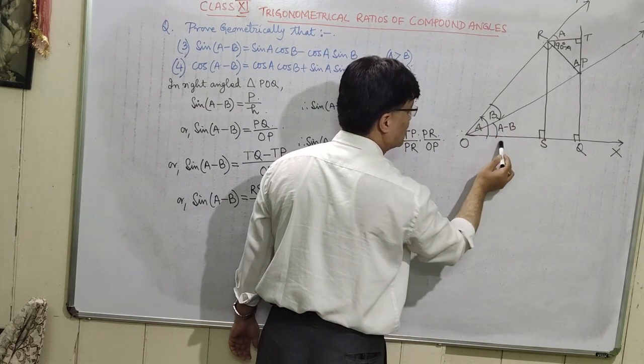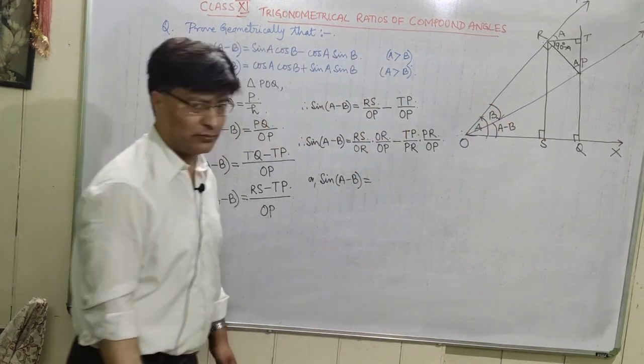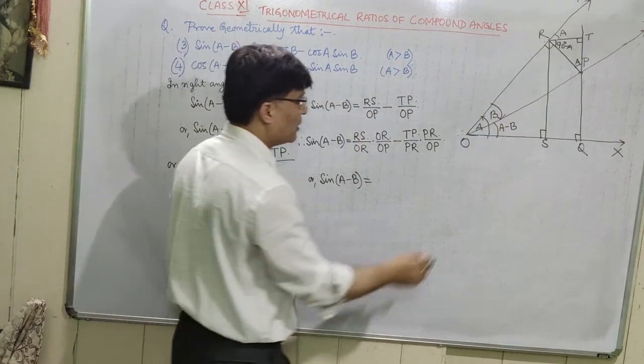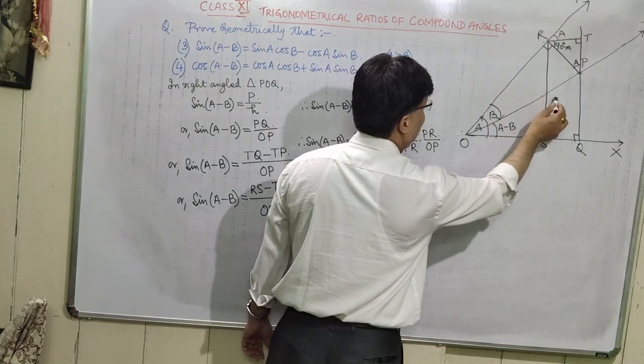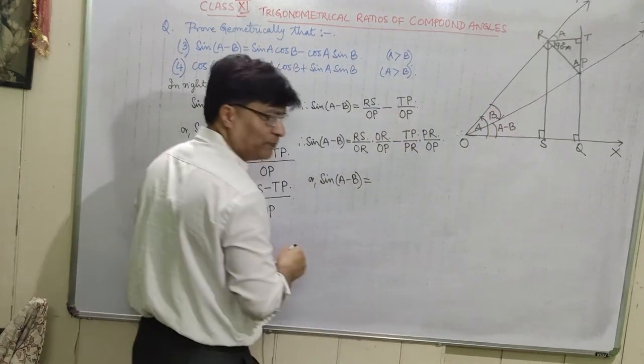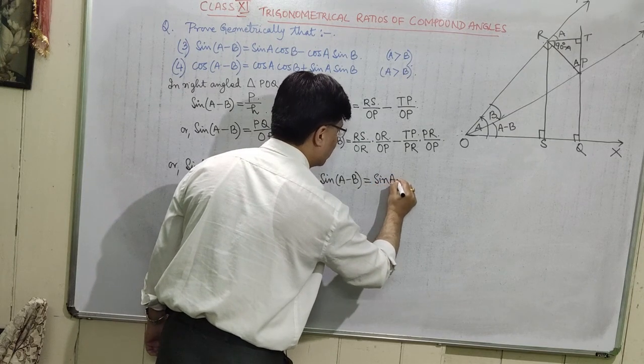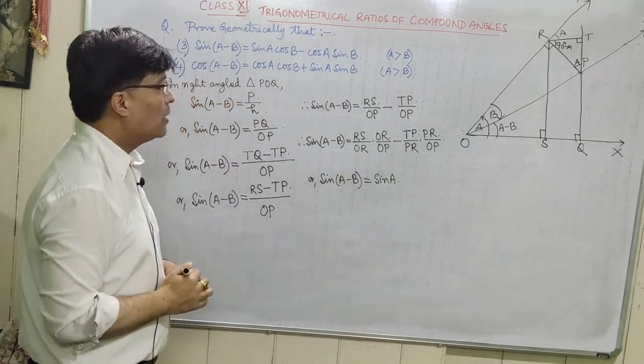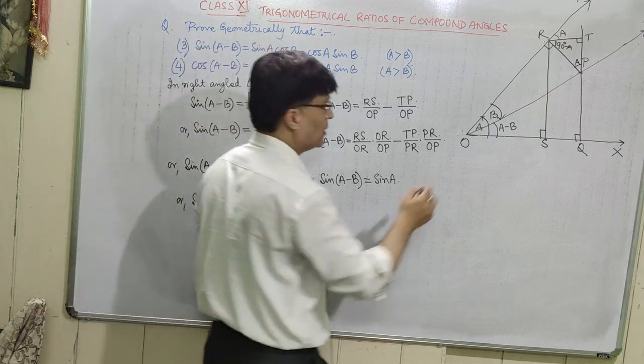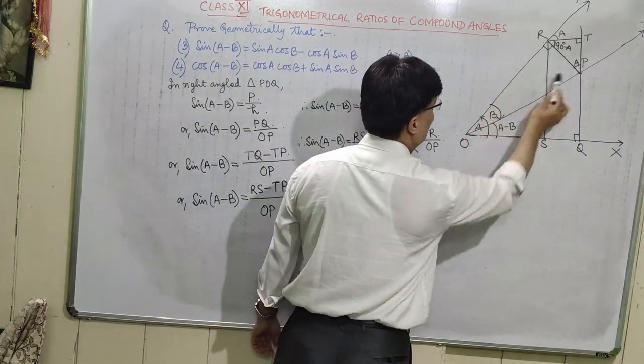This is perpendicular, this is base, and this is hypotenuse. So RS upon OR means P upon H, that is your sine A. So this is sine A into OR upon OP.